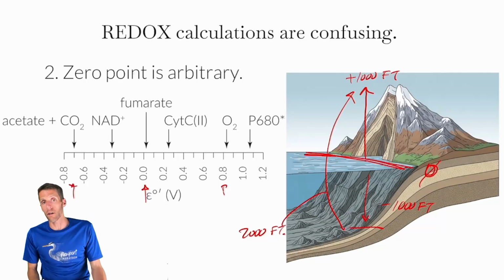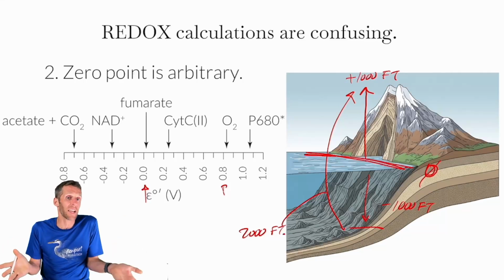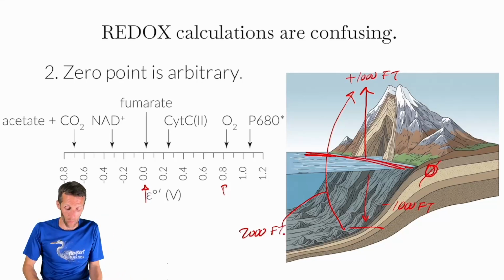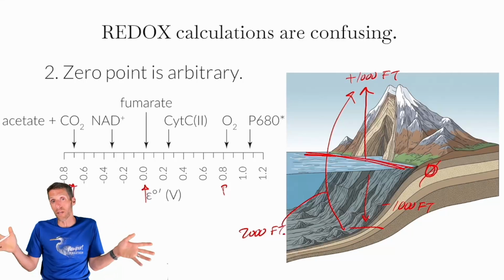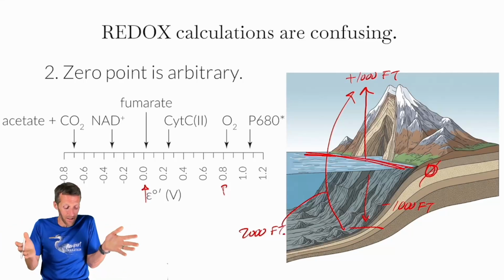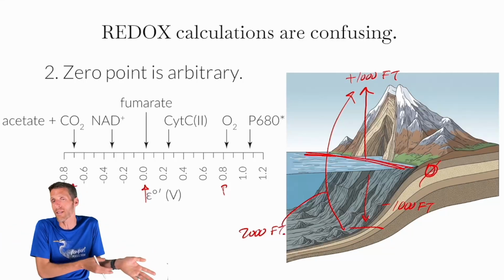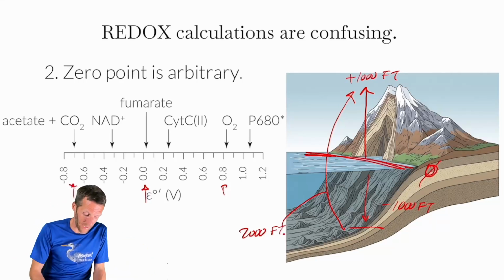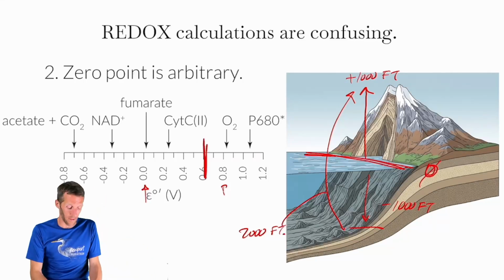So don't worry about the sign on your standard state reduction potential, other than you need it to sort of say whether you're in the ocean or you're in the mountain, and that gets you the difference between them, right? But the sign of a minus 7 doesn't really say anything different than a plus 7, other than it's saying this one, because it's higher, has a higher affinity than this one down here.